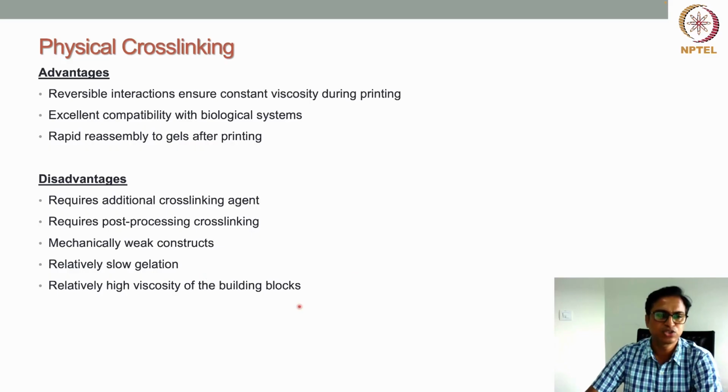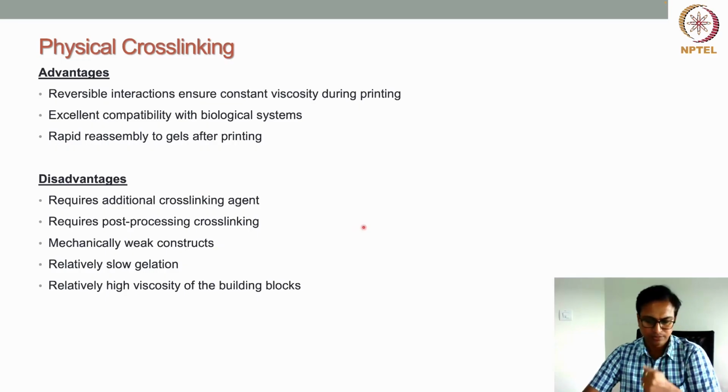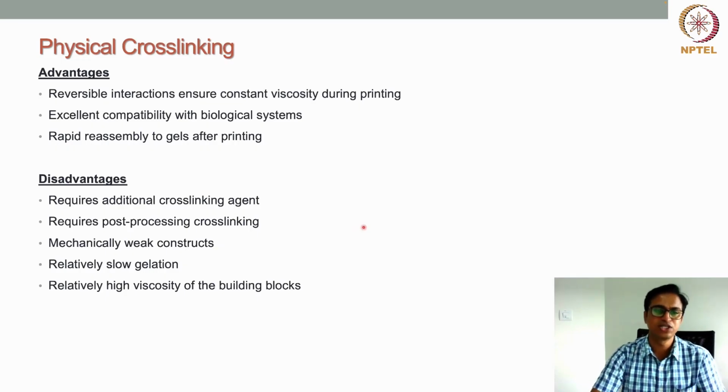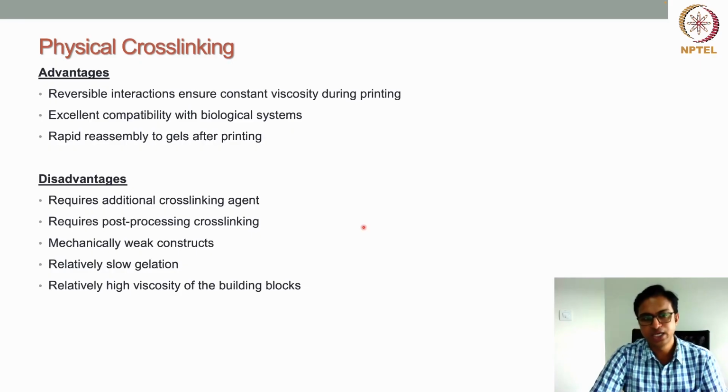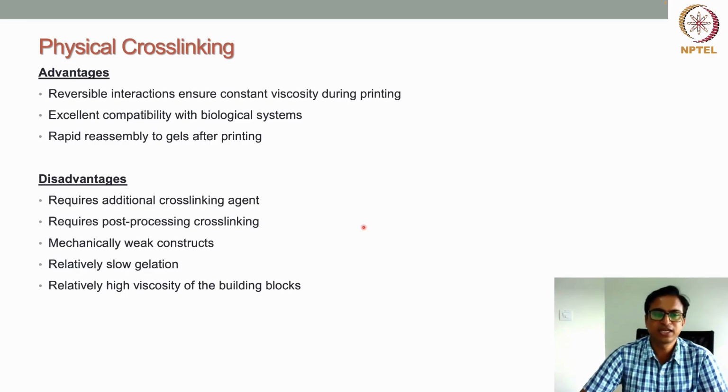But they also have certain disadvantages because of this reversible interaction. The physically cross-linked hydrogels are not very stable, right? To improve their stability, sometimes an additional cross-linking agent can be required, or maybe post-processing cross-linking.